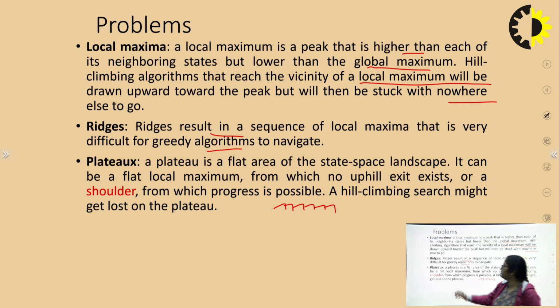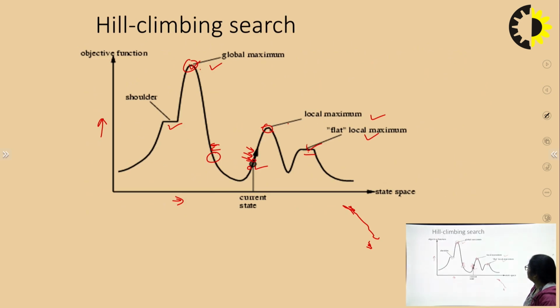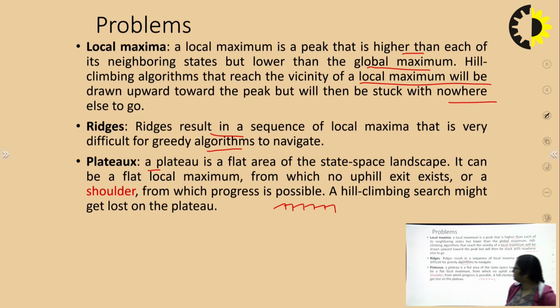And the last one is plateau. As we have seen here, these are plateaus 1 and 2. What are these situations? We are in the current state and both the neighbors have the same objective function. So, what will we select? A plateau is a flat area of the state space landscape.